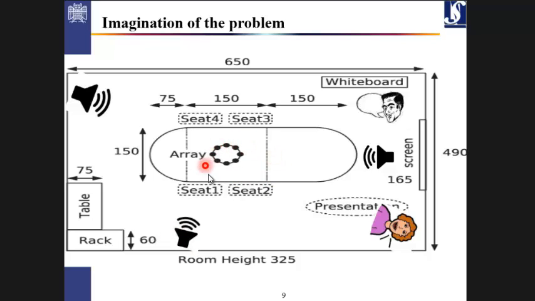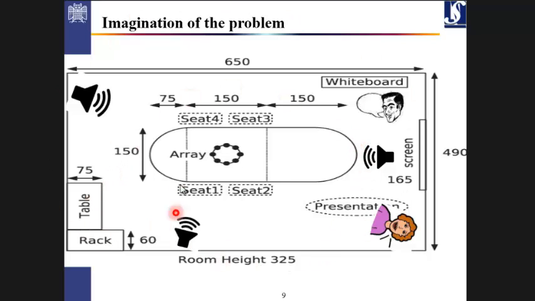And for example, you have an array of microphones somewhere in the middle of the environment. And you have, for example, people as speech sources which generate the speech, and we are going to locate these sources and grab the information of the speech that they are propagating inside the room. That's the scenario that we're talking about.